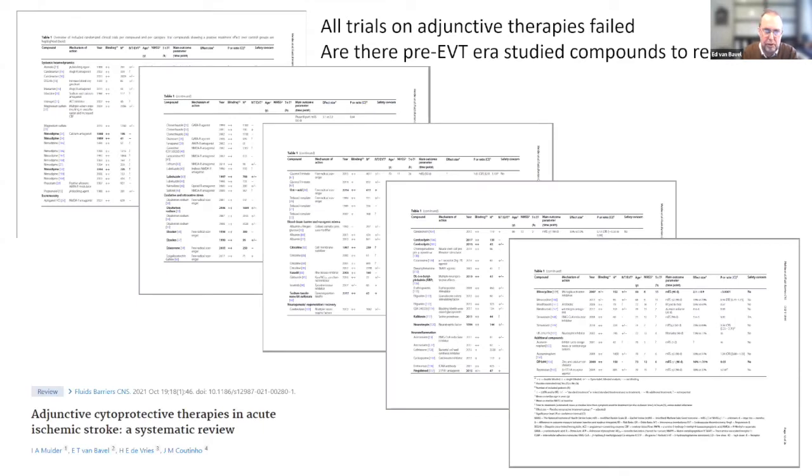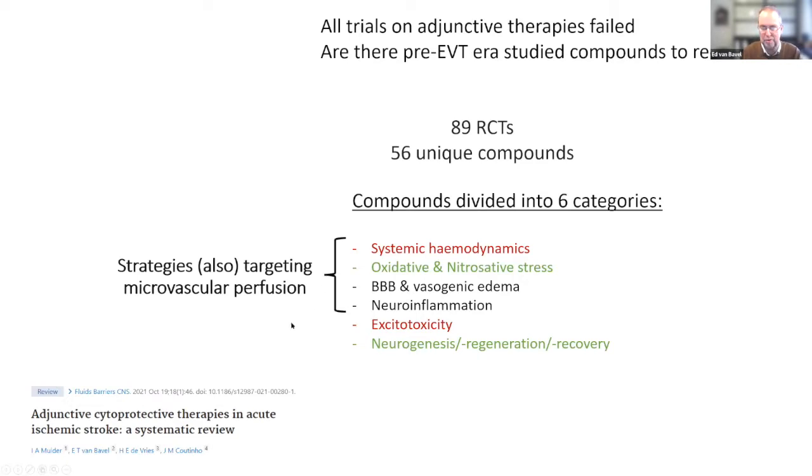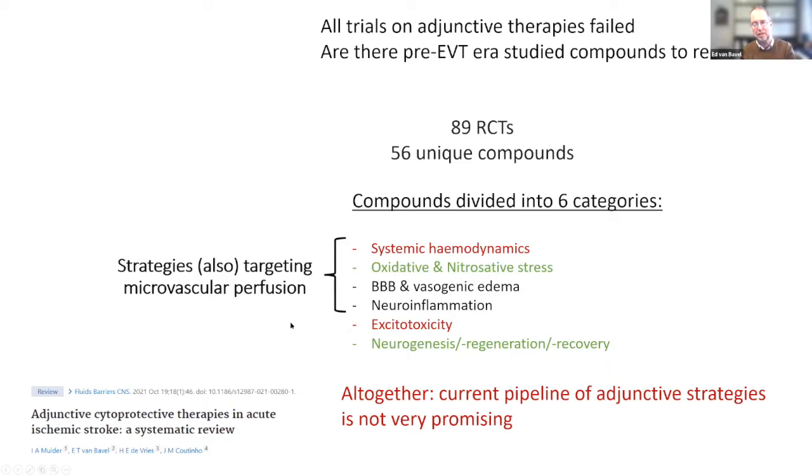We did a meta-analysis, a systematic review, on this, and I don't want to go through the whole table. The bottom line is there are many classes of drugs tested, and they can be combined in 6 categories: systemic hemodynamics and so on. 4 of them relate to strategies that also target microvascular perfusion, but altogether, even though there might be some hints that some might still be reconsidered, the current pipeline of adjunctive strategies is not very promising.